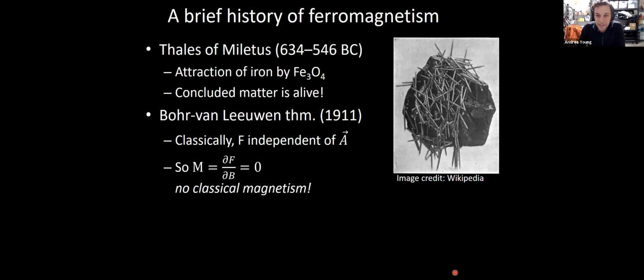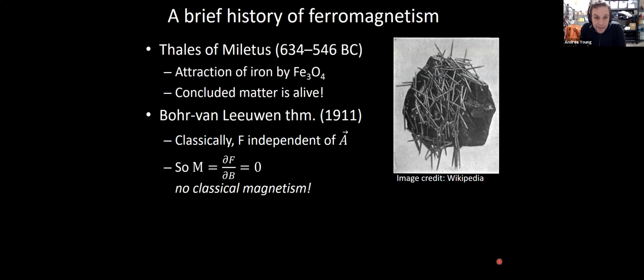So let me start with a slightly cheeky history of ferromagnetism and its exploration by our species. So the first reports, at least in the West, of ferromagnetism go back apparently to Thales of Miletus, who was a pre-Socratic philosopher and who noted the attraction of iron by magnetite.